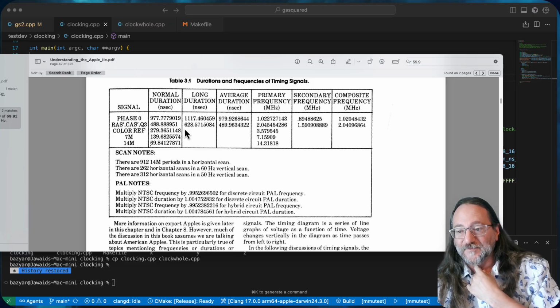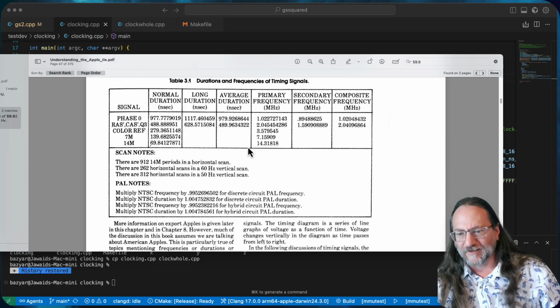It's another, call it 150 nanoseconds in length. And so you see that's the secondary frequency they talk about here, 0.894. So the effective CPU clock rate on an Apple II is 1.0204. It's actually just a hair slower than that nominal CPU clock.